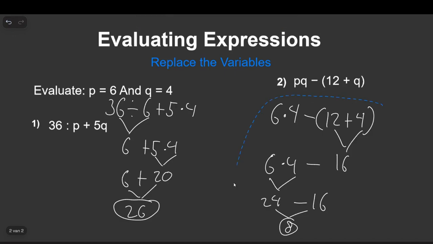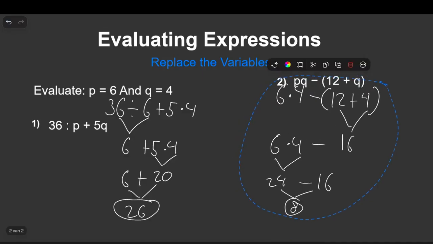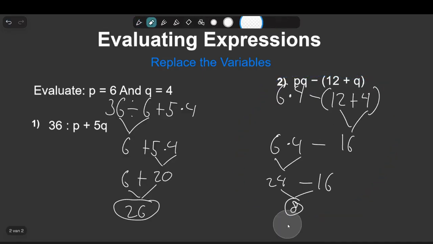Let's move this up a little bit so you can look at it and see what I did. Actually, let me write our final answer a bit bigger, just so you can see it better. This will be our final answer, 8.